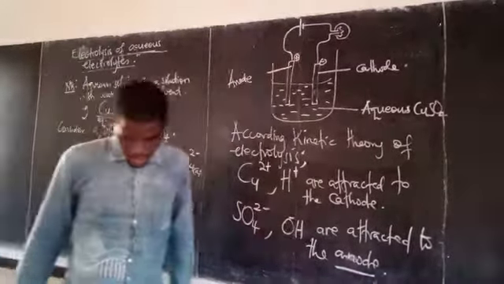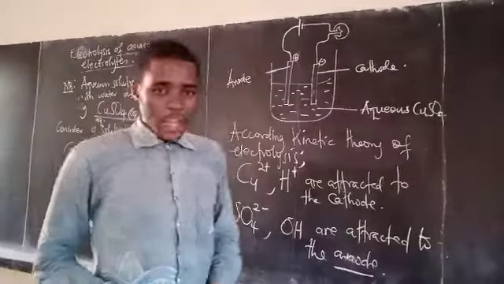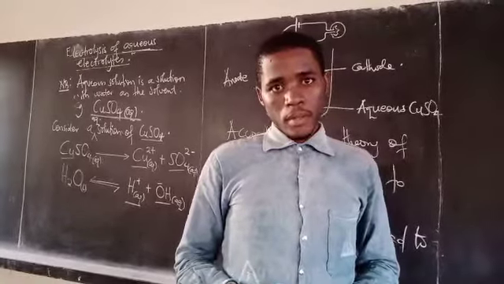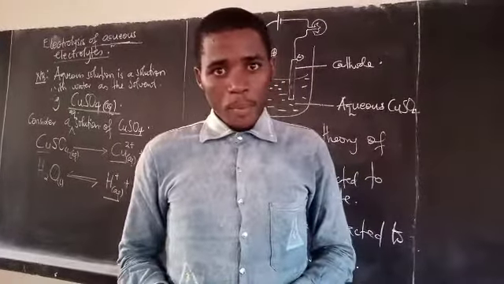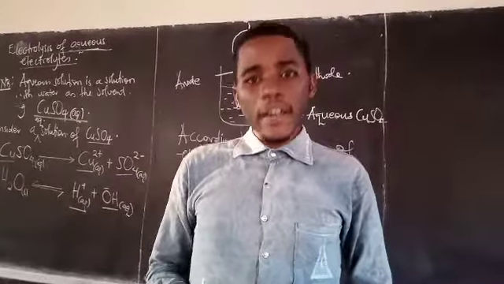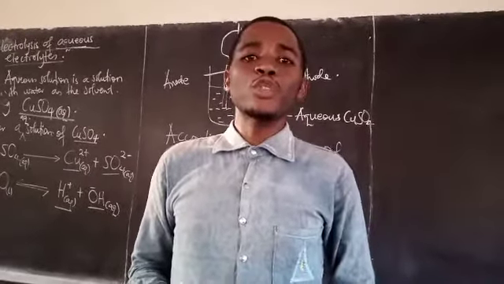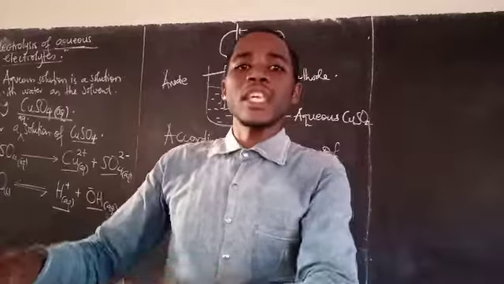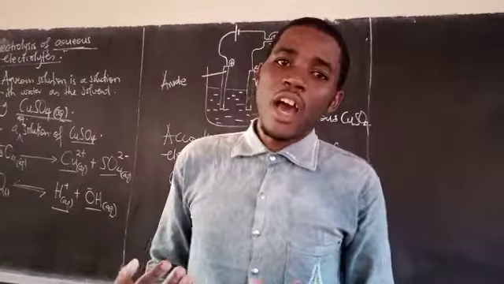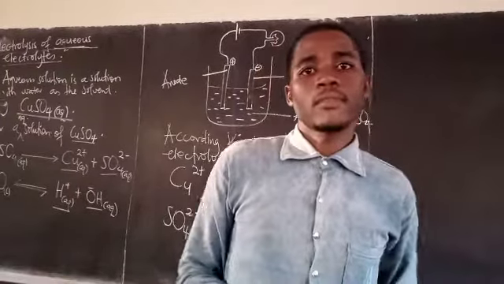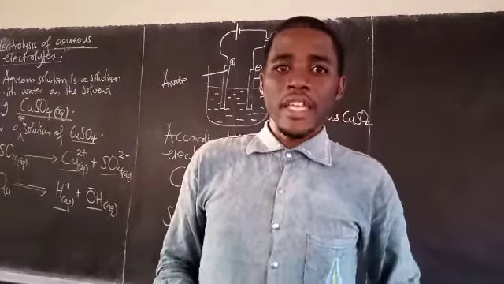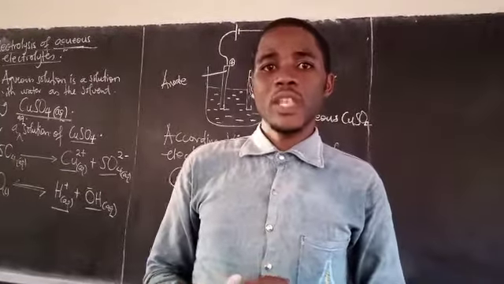There is something very important that needs to be noted. In the last type of electrolysis in our videos, it is very easy for you to know that this one goes here, the other one goes there, and they get discharged and you form products, because the electrolyte contains only one substance.